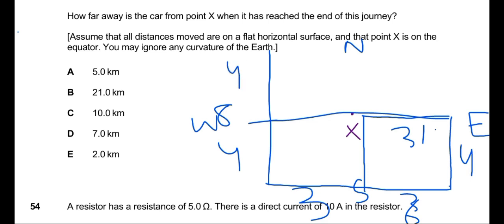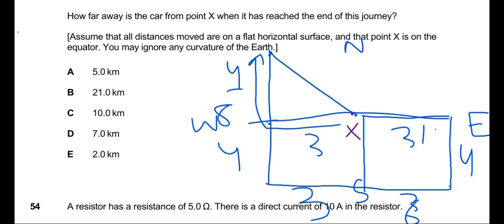So we have to find the displacement from point X to the final point, and this is equal to this displacement plus this displacement. And here the value from X to this point is also 3.